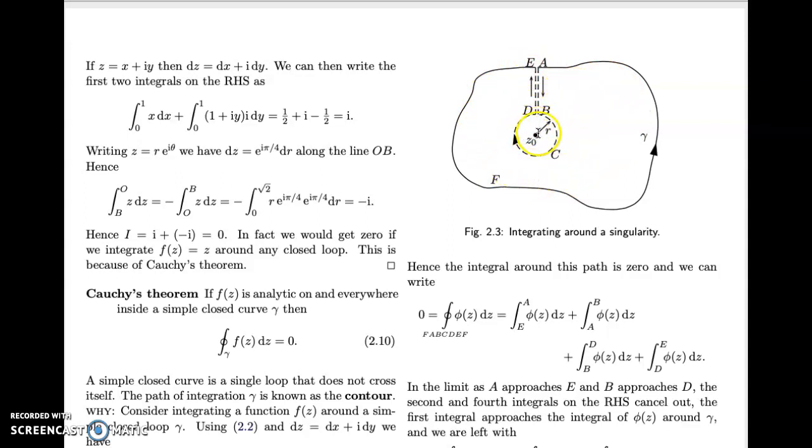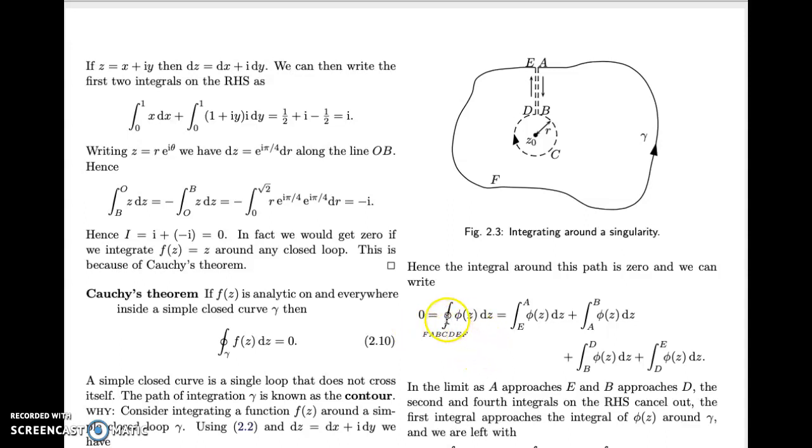So by Cauchy's theorem, the integral of phi around the curve F, A, B, C, D, E, F is 0.